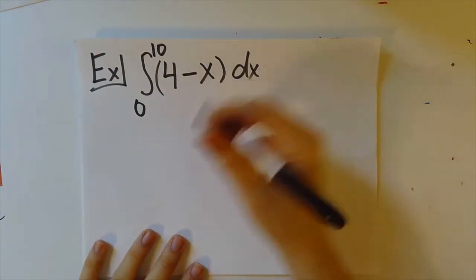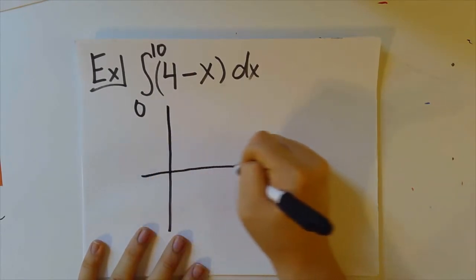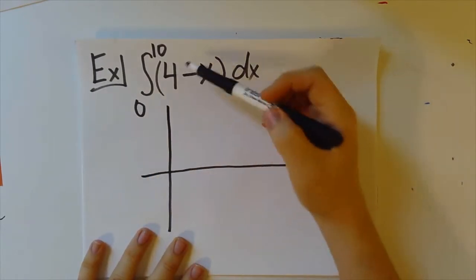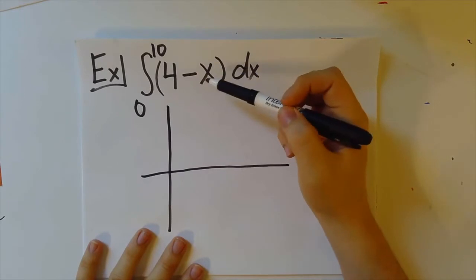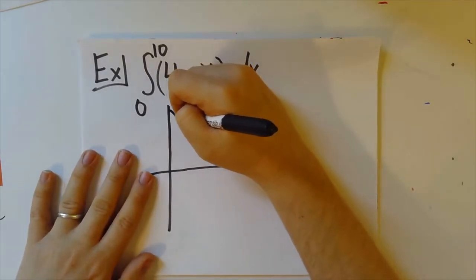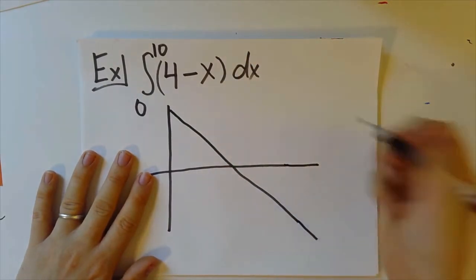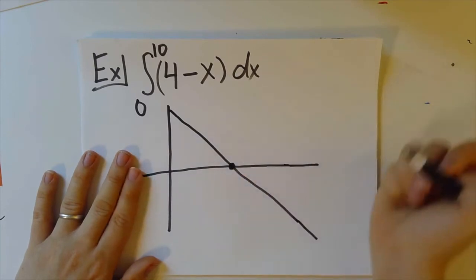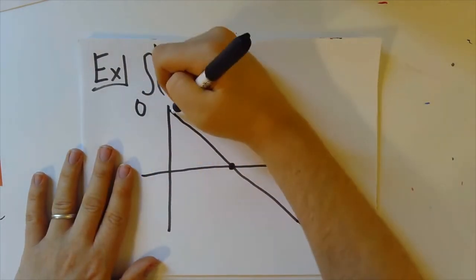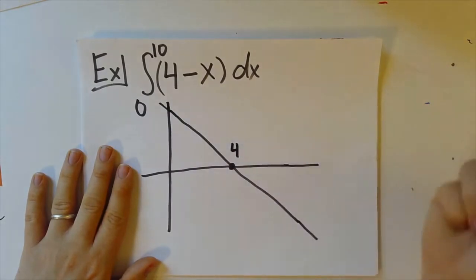So here, when we go to do this, this line has a positive y-intercept and a negative slope. It's going to look something like this. Okay, and I've rigged it here so it's really easy to see that the x-intercept here, that is where this line is equal to 0, or where 4 minus x is equal to 0, that's at 4.